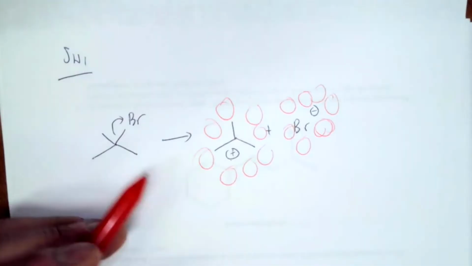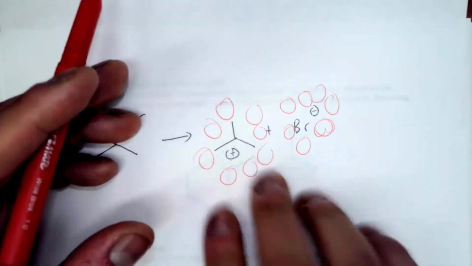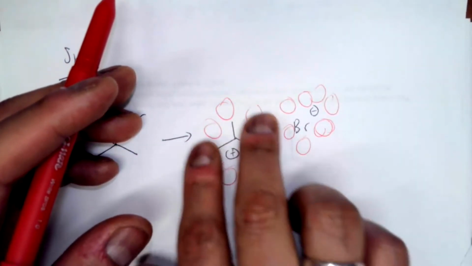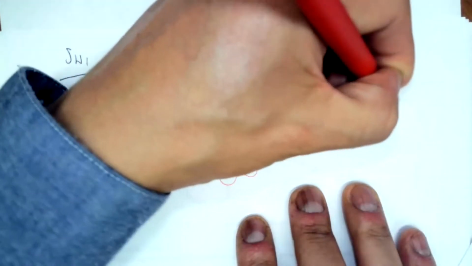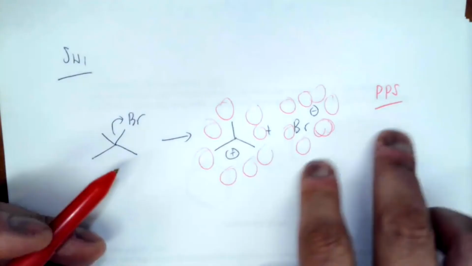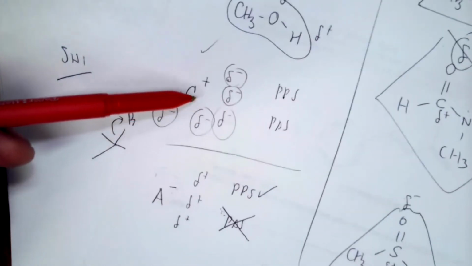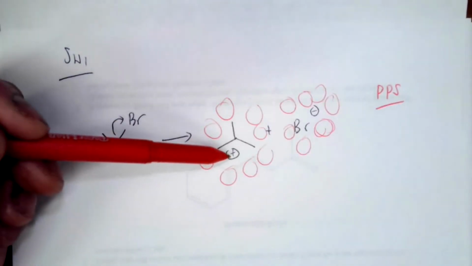Solvating them. If I solvate them, they will be stabilized. So which of the two solvents is able to solvate cations and anions? The only one that can do that is PPS. PPS is able to solvate cations and anions, which is great for SN1.